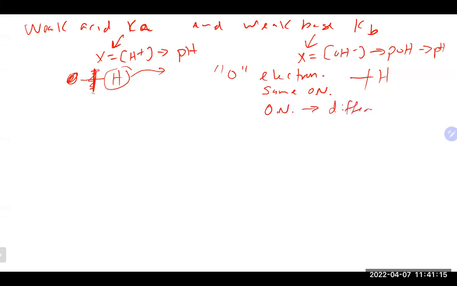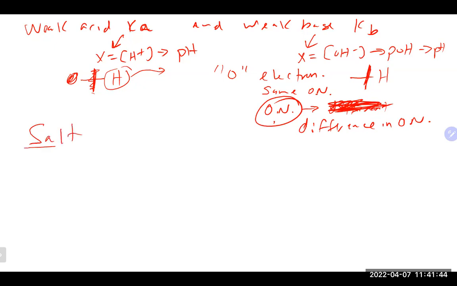The more positive oxidation number, or larger positive oxidation number, on that central atom will once again weaken that bond and allow the H plus to come off quicker, making it a much stronger acid. We finished up talking last time and this morning about salts.